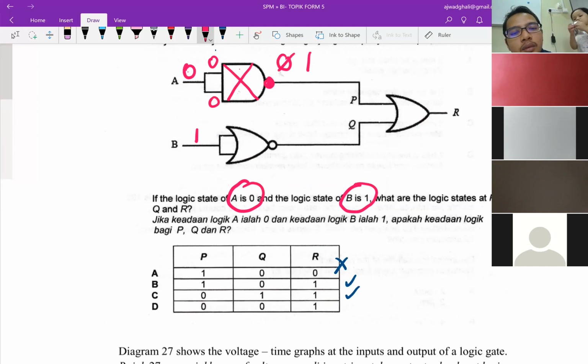So this is 1 and 1. Okay, this is 1 and 1. So 1 and 1 you plus, it becomes 1, but because of the dot it becomes 0. So 1 and 0. The answer is B.